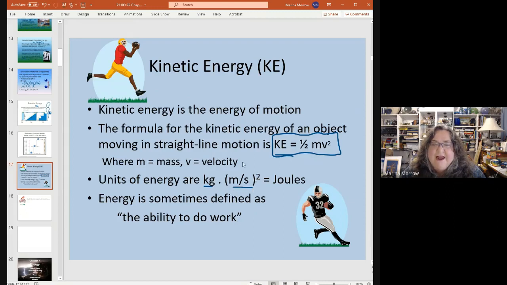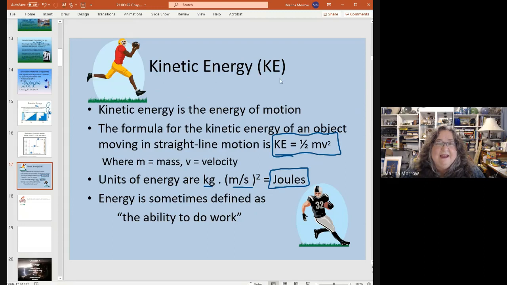So you square it. Those units end up being the same as we saw for gravitational potential energy and for work, they come out in joules. So work, gravitational potential energy, kinetic energy, all types of energy basically have the same units, which is joules.